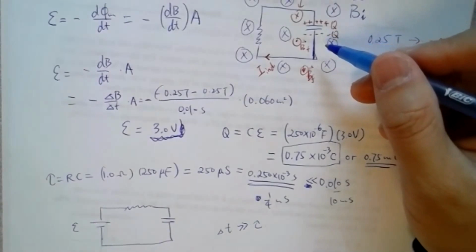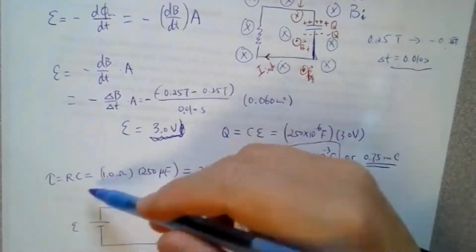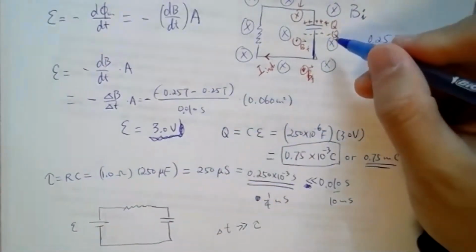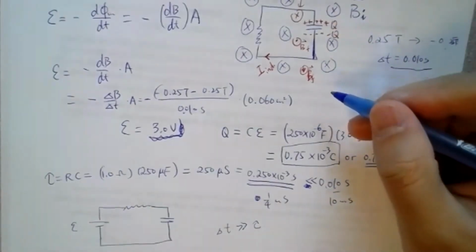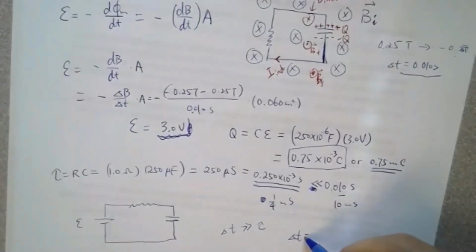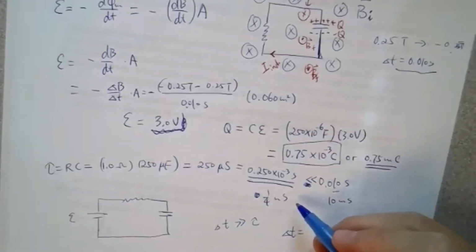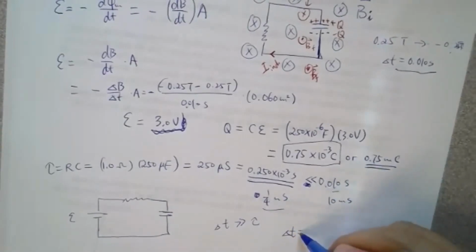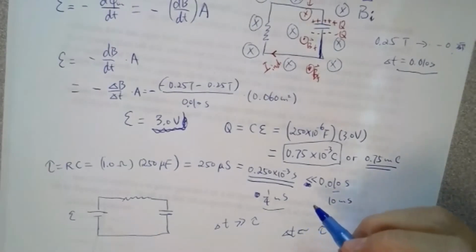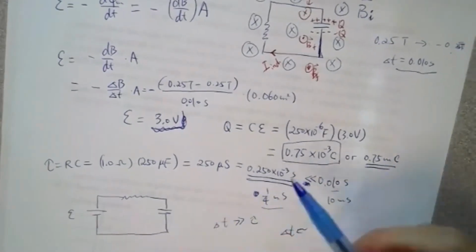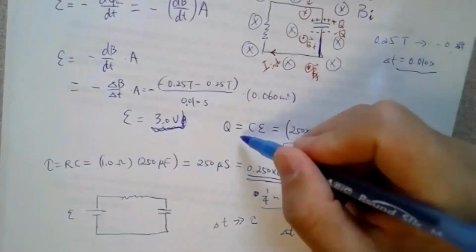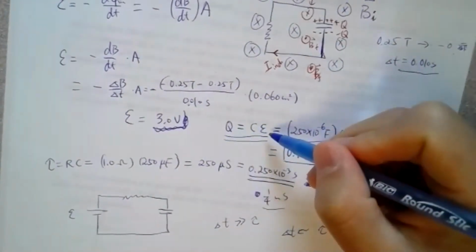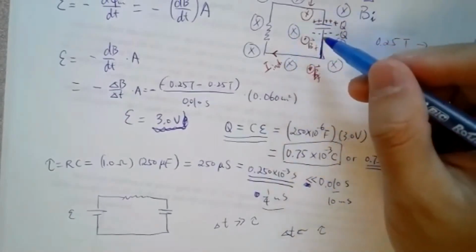Now, the RC constant here tells you if this will be almost fully charged. In this case, because it's 40 times that, yes. But if your delta T is very close to tau, if it has the same order as tau, then according to an RC circuit, if this is just 1 times tau, it's actually not fully charged.